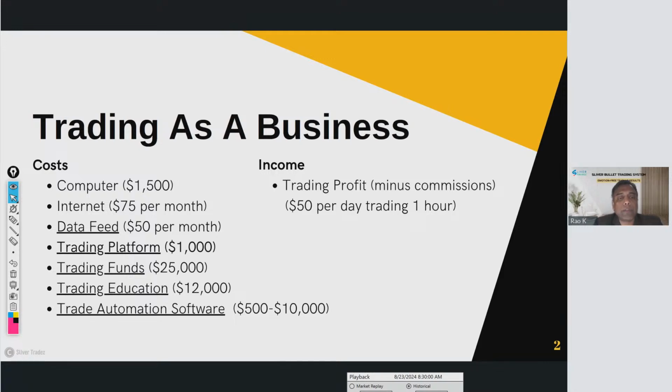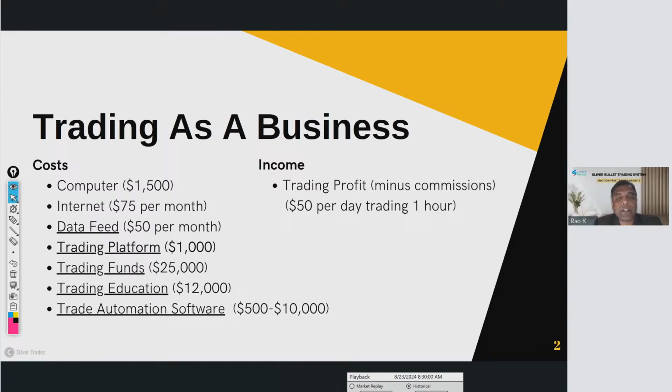Government doesn't want to do that, and no institution is built around proper trading education. There are small businesses and small firms that provide trading education, and that education is expensive, costing anywhere from $12,000 to $50,000 one time. I have taken the smallest number.